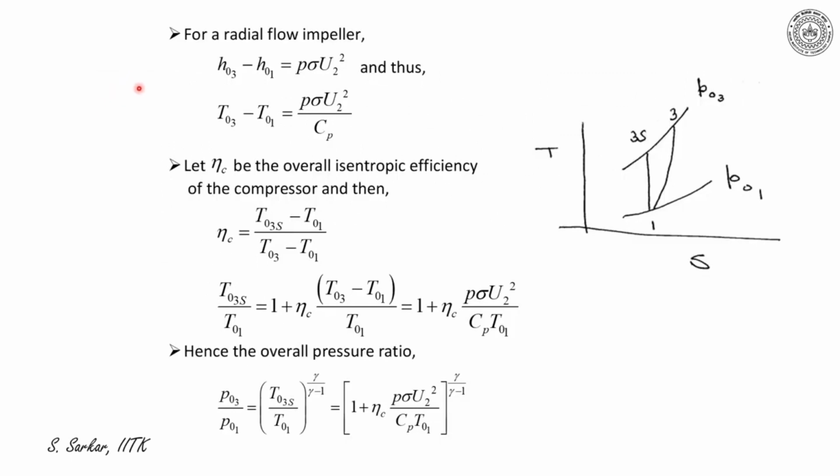Here I have solved the problem. Before solution, I have derived here the expression for overall pressure ratio. Let us consider P01 be the total pressure at inlet to the compressor and P03 be the total pressure at exit, that is, exit from the volute casing.